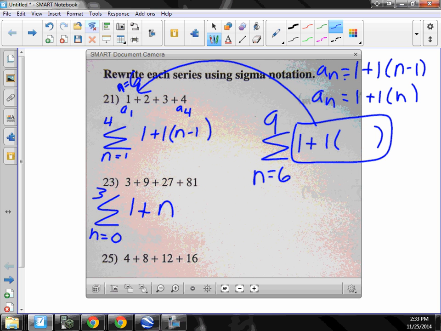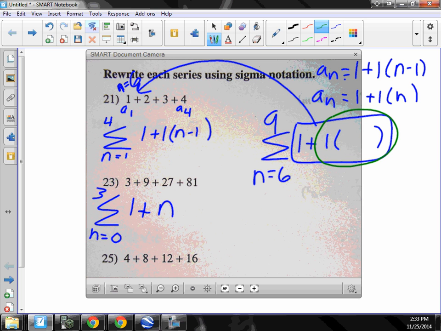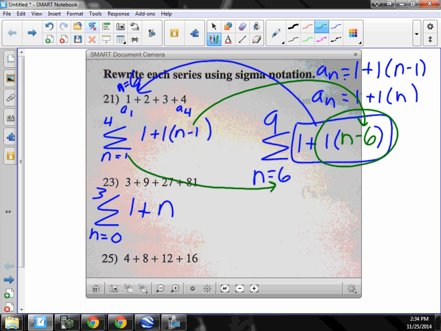It needs to equal a total of 1, so this portion over here needs to equal 0, and I'm starting with 6, so that would be n minus 6. So if my starting number increases 5, then the n's in my equation decrease by 5. Does that make sense?